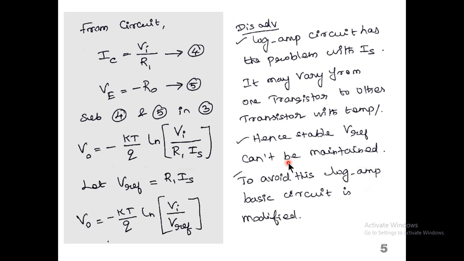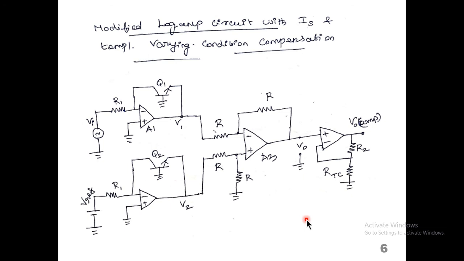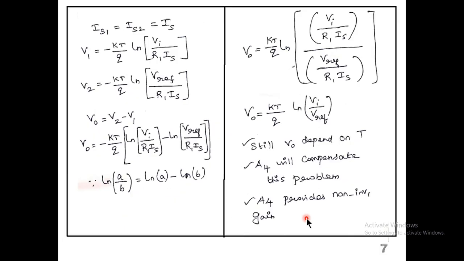To avoid this, the basic logarithmic amplifier circuit is modified. This is the modified logarithmic amplifier circuit with compensation for IS and temperature variation. Using that circuit, we do the analysis here. IS1 and IS2 are considered as IS.